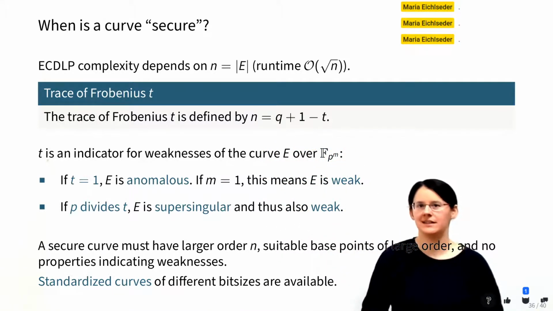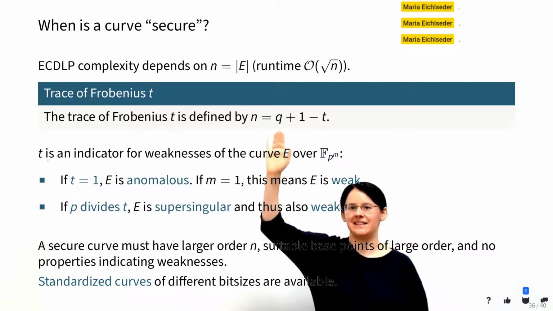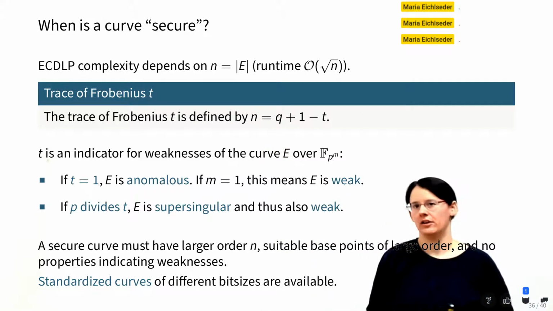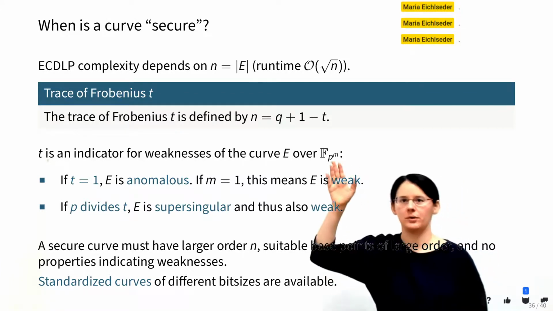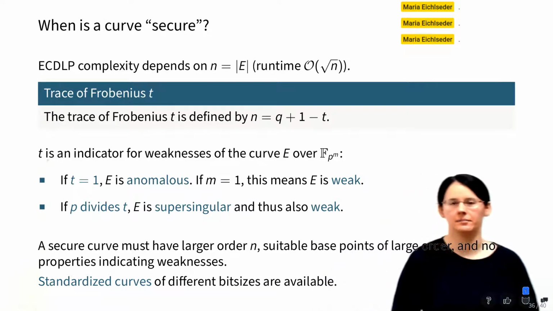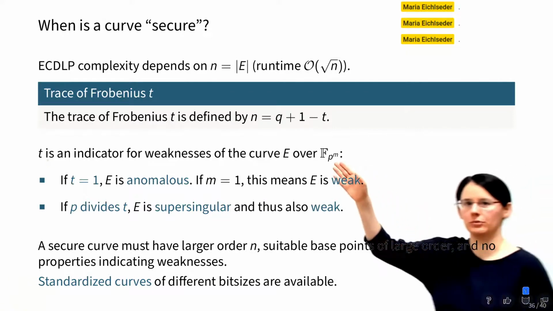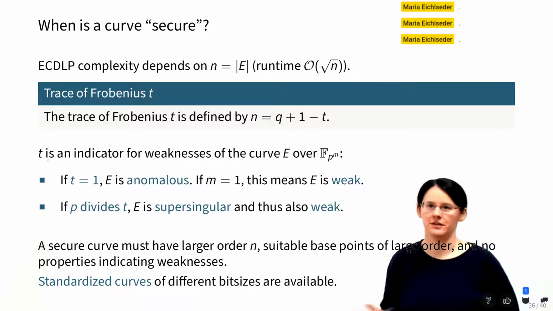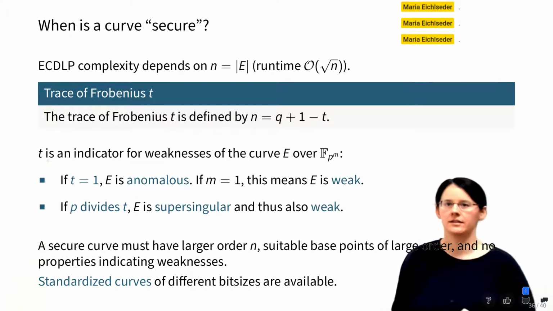For example, if t is exactly 1, meaning the number of points on the curve is exactly the same as the number of points in the field, then this is called an anomaly. So the curve is anomalous. And if this is the case, and if additionally we're talking about a prime field with exponent 1, then this means that the curve is weak, because there is a particular algorithm that can allow us to subvert the security properties.